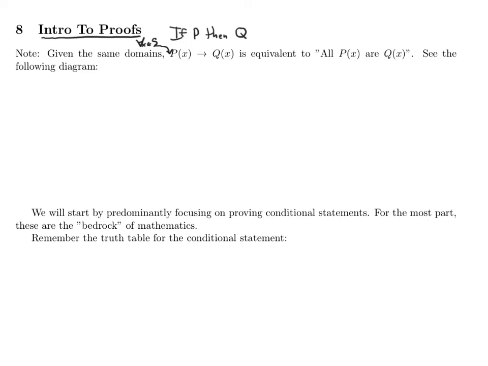Let me give you an example. Imagine the following conditional statement: if C is a cat, then C is a mammal.